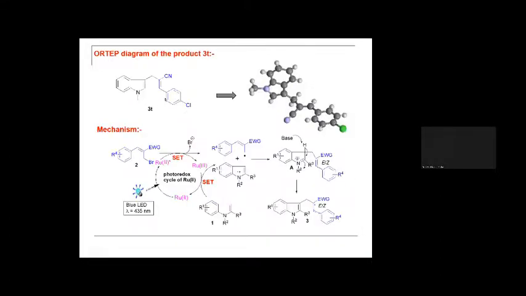This is the ORTEP diagram of one of the products of acrylonitrile derived Baylis-Hillman bromide allylated to indoles.